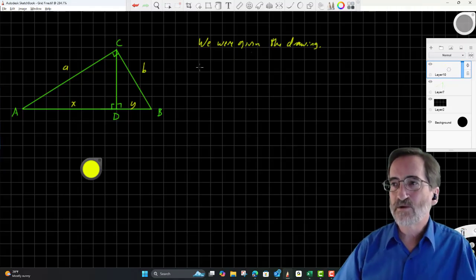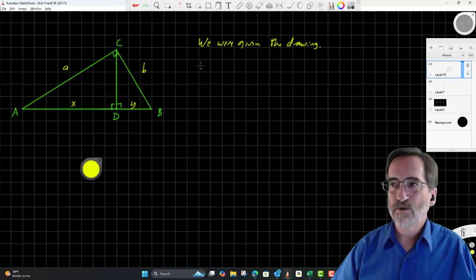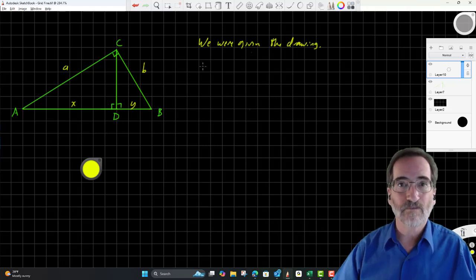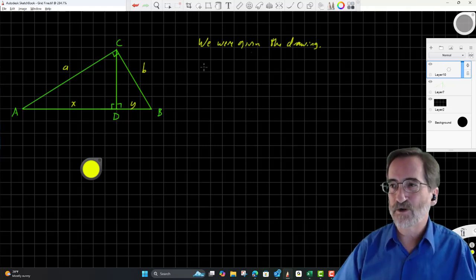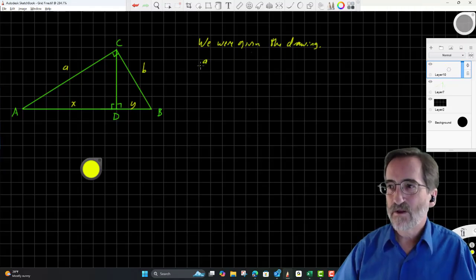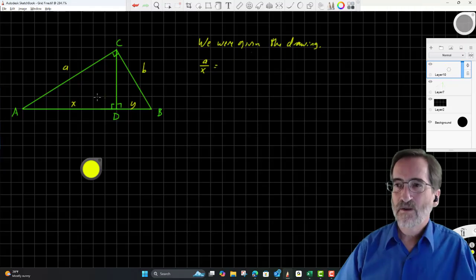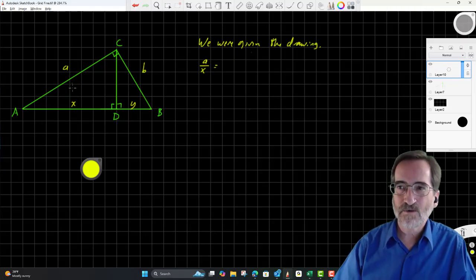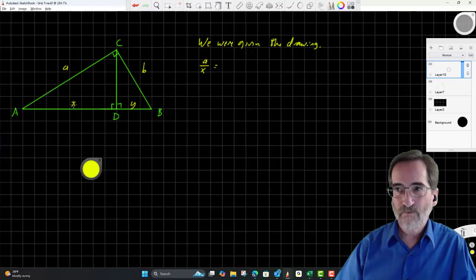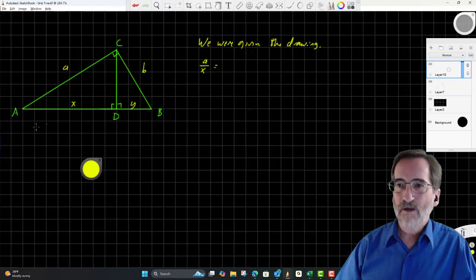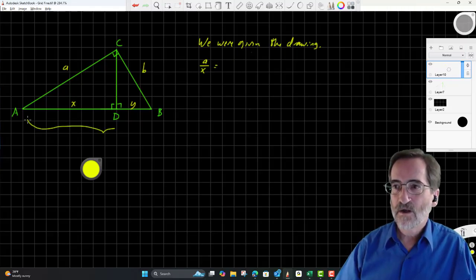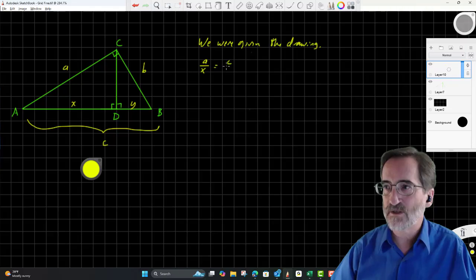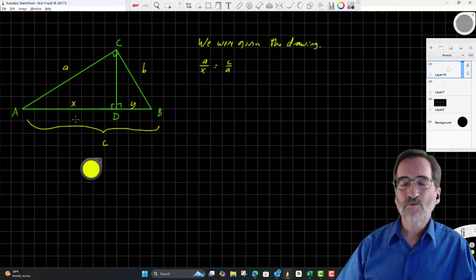Okay, using the altitude of a right triangle theorem that we just demonstrated, I'm going to say that A is to X. Now note that is hypotenuse is to long leg, as the hypotenuse, which I'm going to call C, of the large triangle, to the long leg of the large triangle. C is to A.